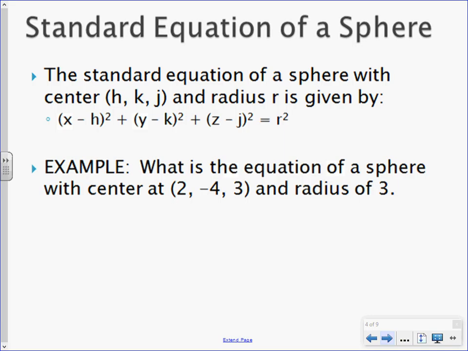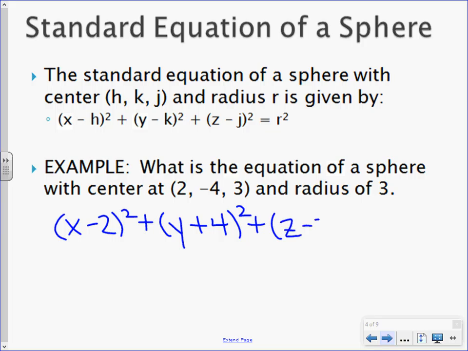So if we wanted to write the equation of a sphere with a center at 2, -4, 3, and a radius of 3, then that would look like x minus 2 squared plus y minus -4 squared plus z minus 3 squared equals 3 squared, or in this case, 9.